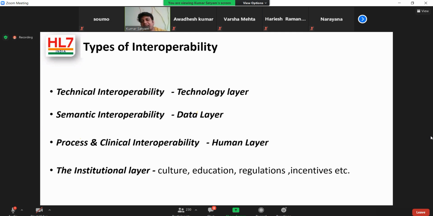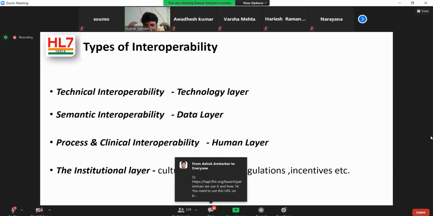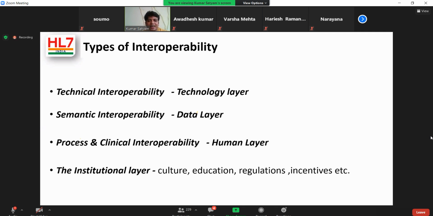And the institutional layer is about whether your organization, the company, the country, the government, and the regulations are actually helping you with interoperability. There are certain mechanisms where these institutions can be a hindrance to interoperability. So in short, interoperability requires all the 4 layers to work together to provide meaningful value.